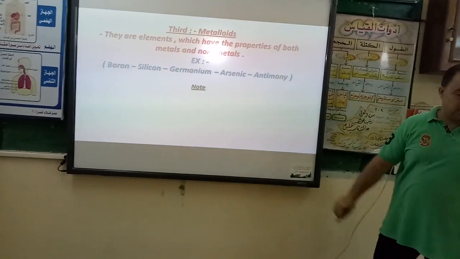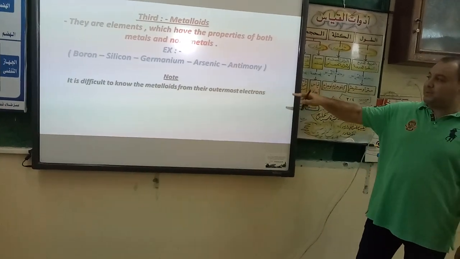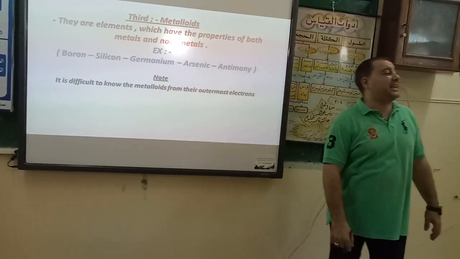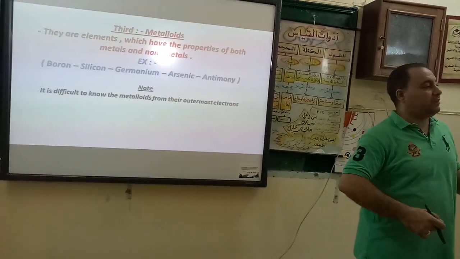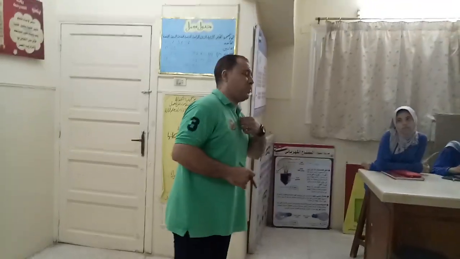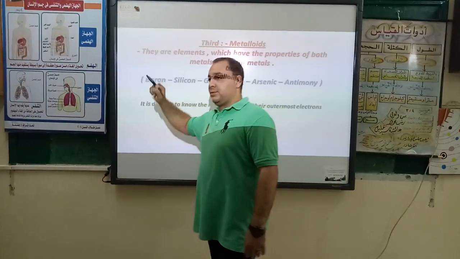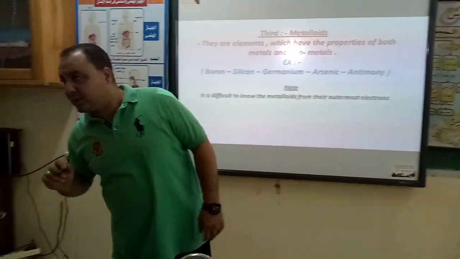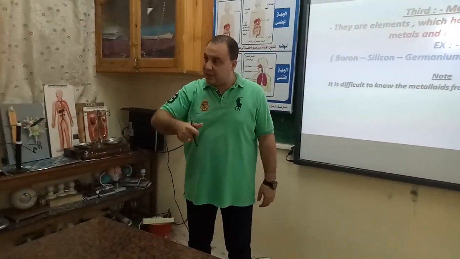Note. Okay. It's difficult to know the metalloids from their outermost electrons, or by their electronic configuration. Why? As boron, its atomic number is 5, so its electronic configuration is 2, 3.